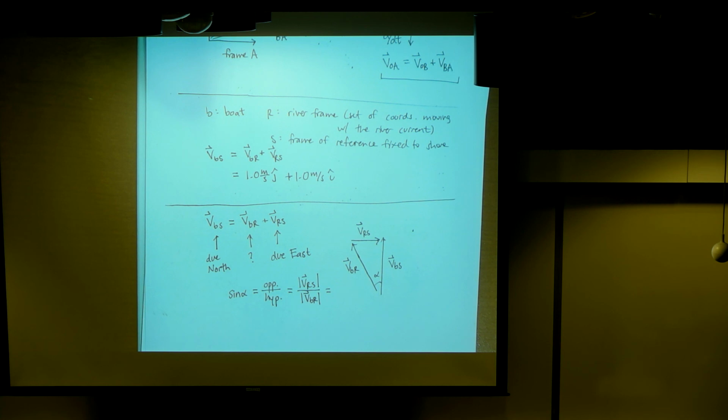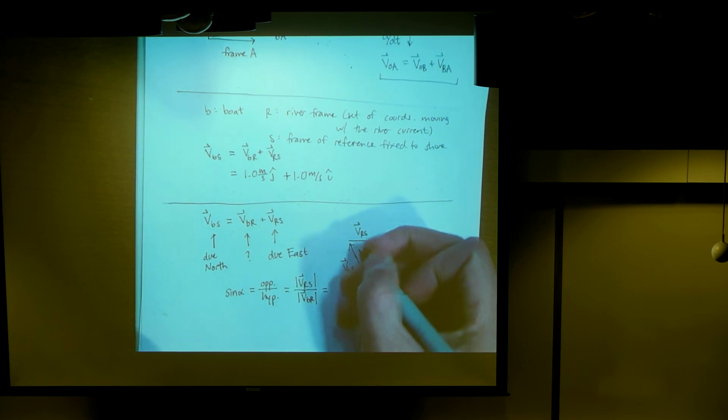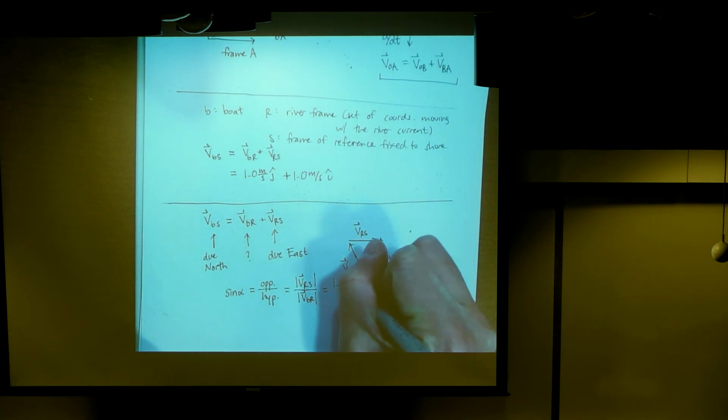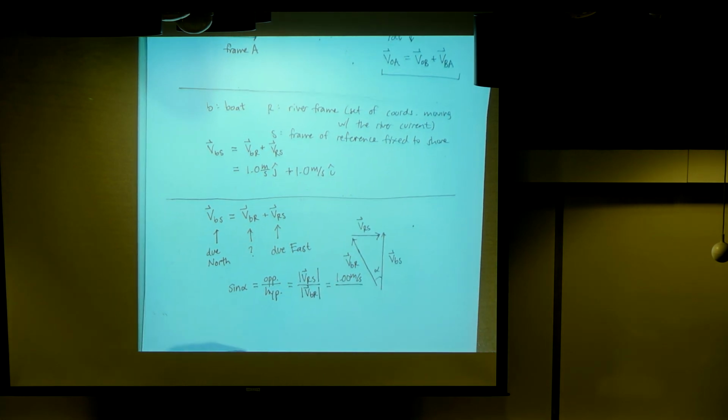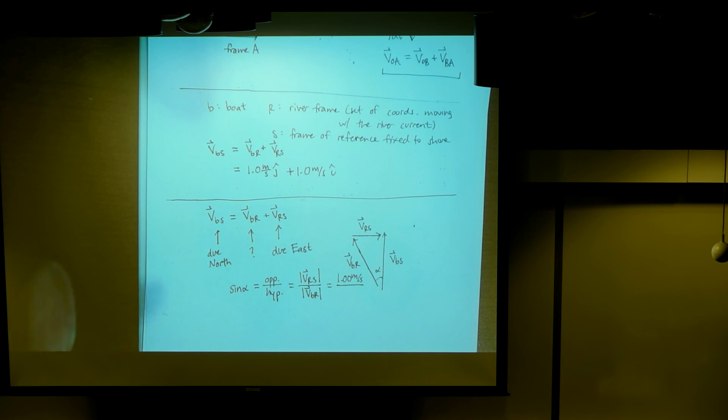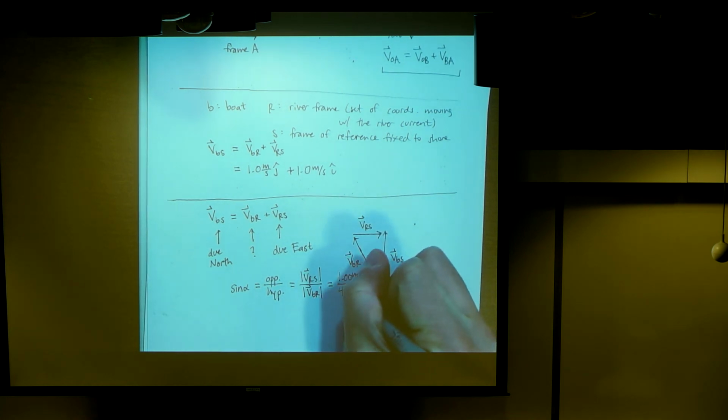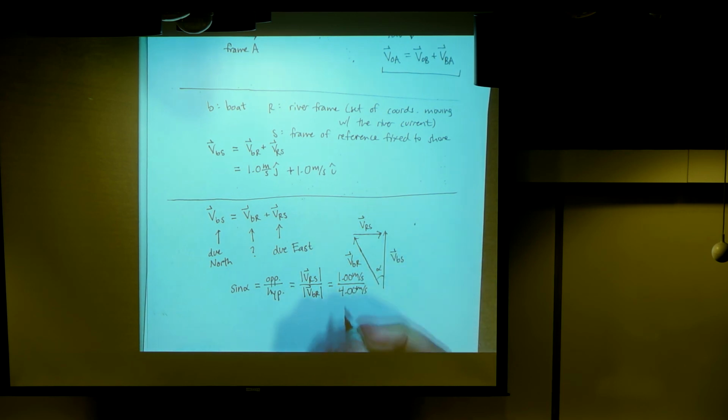What is the speed of the river relative to the shore? That's the 1 meter per second, right? And what's the speed of our boat relative to the river? That's how fast we're capable of rowing, right? What's that? 4 meters per second. So it looks like to me, that's just 1 over 4.